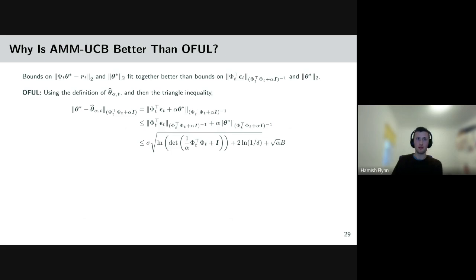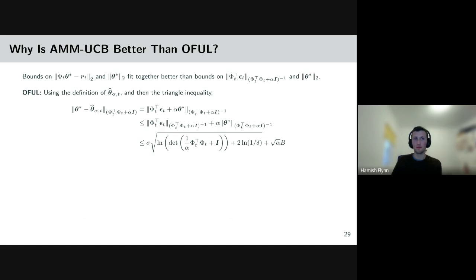So to see why, we can look at where the constraint for the OFUL confidence ellipsoid comes from. So we start from the weighted squared difference between theta star and the least squares estimate, using the formula for the least squares estimate and then the triangle inequality, we can rewrite the weighted squared distance and then separate the two terms inside the norm.